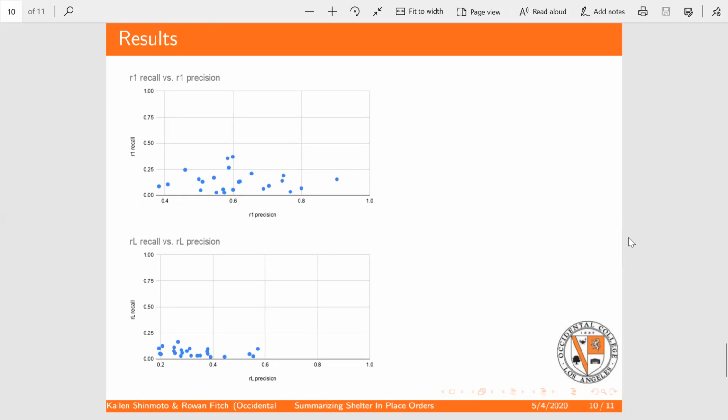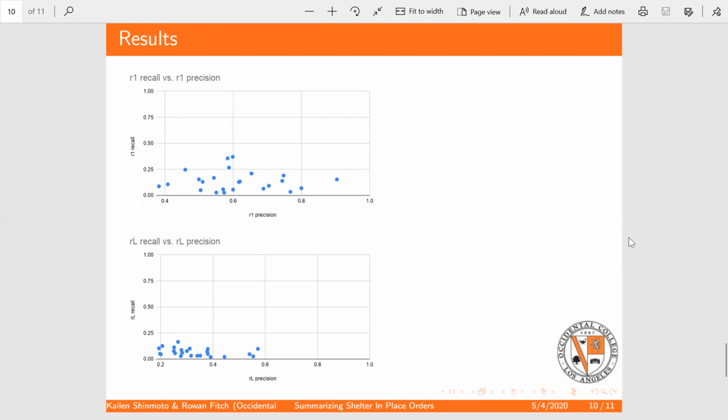We found that the most important thing to look at was the recall. This is because recall shows a percentage of how much of the human summaries' n-grams are also in the computer summary. And we found that the recall is pretty low in both of these graphs.